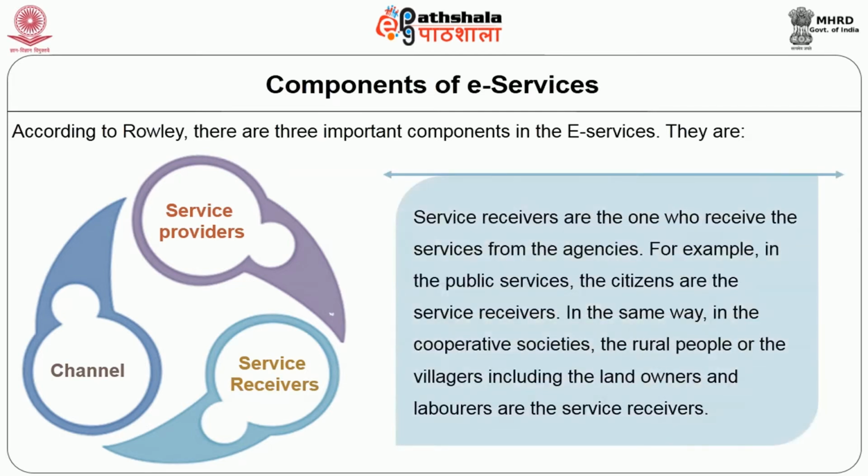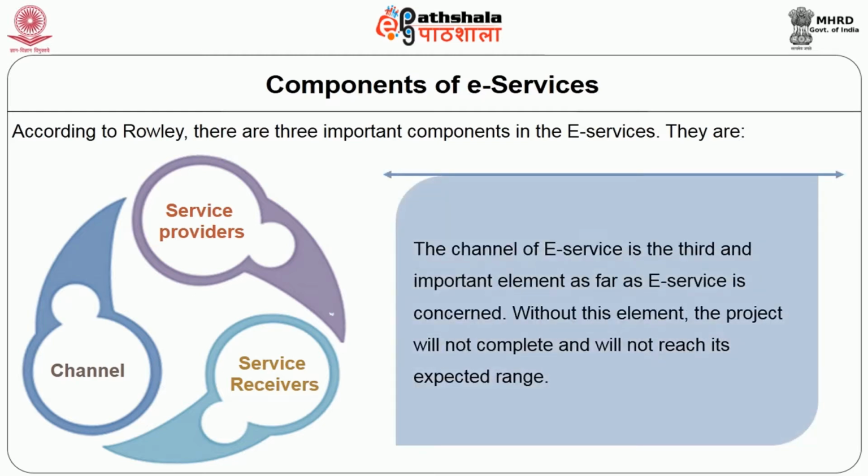Service receivers are the ones who receive the services from the agencies. For example, in the public services, the citizens are the service receivers. In the same way, in the cooperative society, the rural people or the villagers, including the landowners and laborers, are the service receivers.